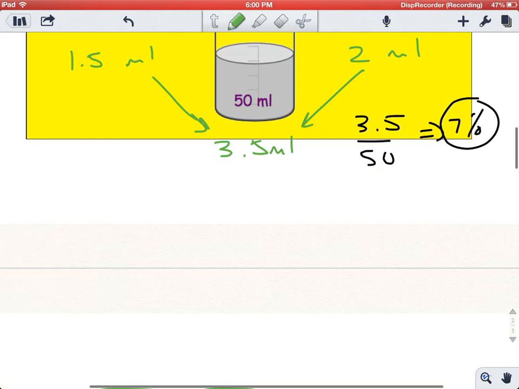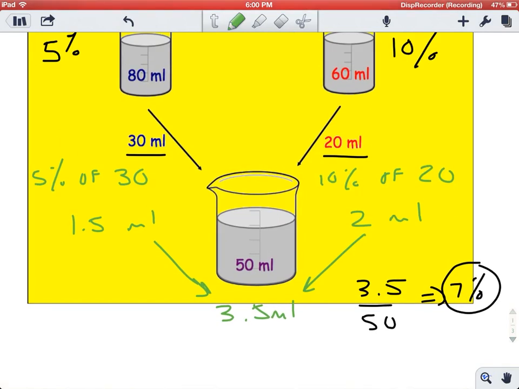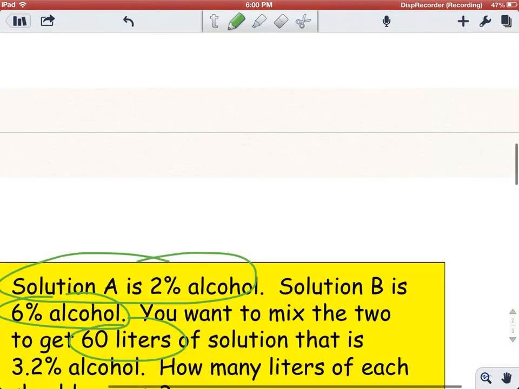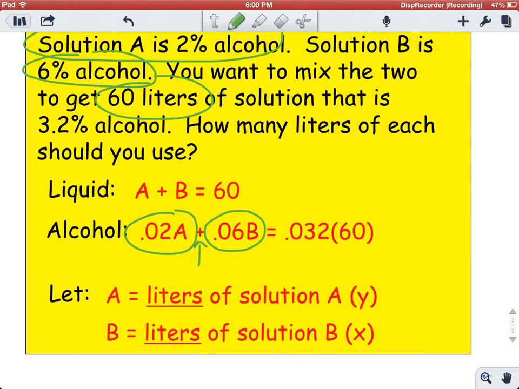Because that's what we did up here, right? We found the total alcohol, and that meant there must have been 3.5 milliliters of alcohol contributed in the 50 milliliters of liquid. And so all I have to do now is compare that to 3.2% times 60.